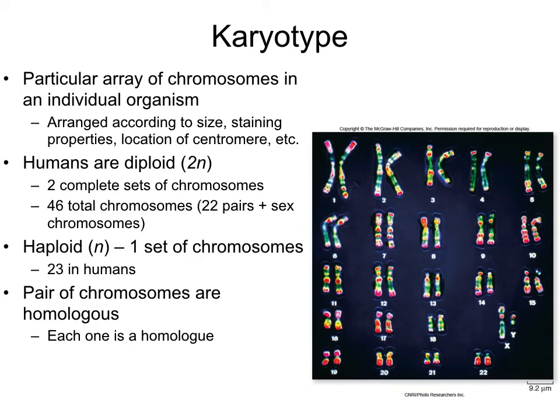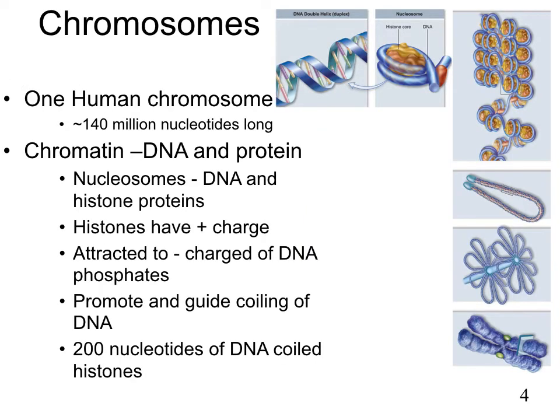So eukaryotes have these huge chromosomes. Some are hundreds of times longer than a prokaryotic chromosome. Our largest one is 140 million nucleotides. So consequently, it has to be wound around histone proteins. Histones have a charge. They're positive. That attracts the negative DNA.